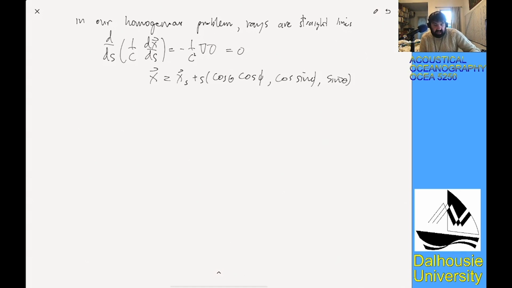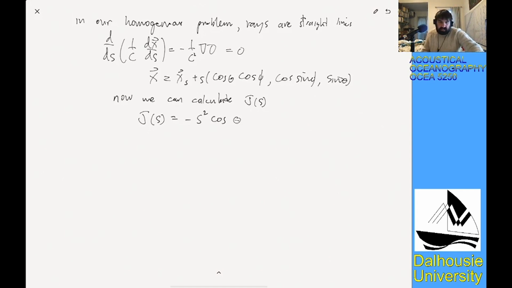So in that case, we can calculate our initial conditions pretty easily, right? J of s is just equal to minus, just chug that through our little determinant derivative Jacobian, and you get an answer pretty quickly.